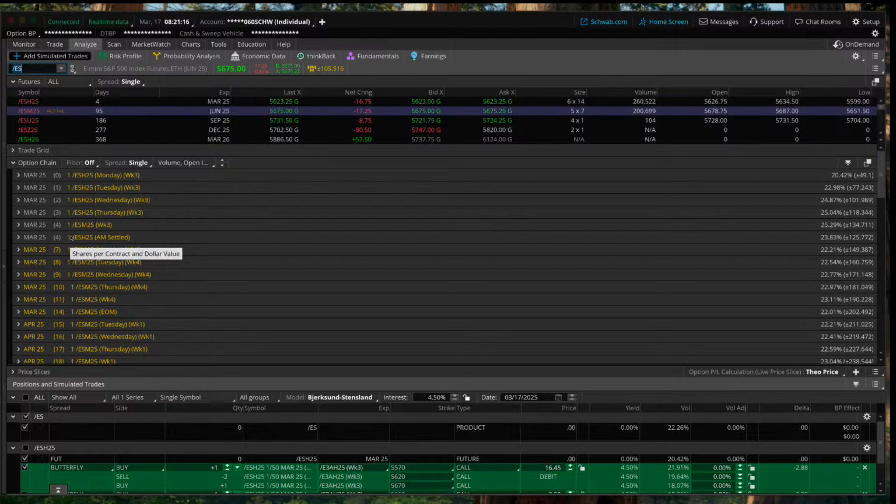That's the very last day of the March contract. Now, if you look very closely at the monthly symbol, you'll see that that's an H. That's March. And then up here is a PM contract, but it's an M, which stands for June. So that's the difference. So you have both of those.